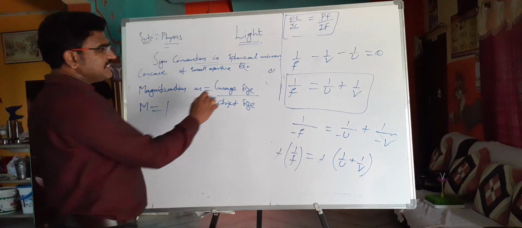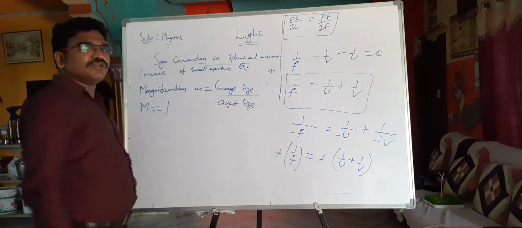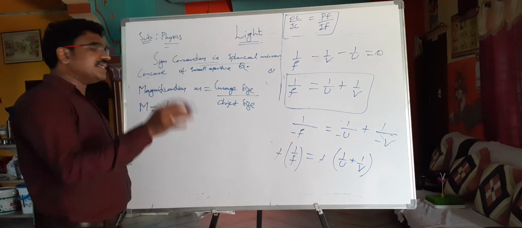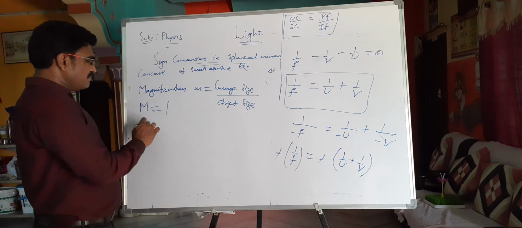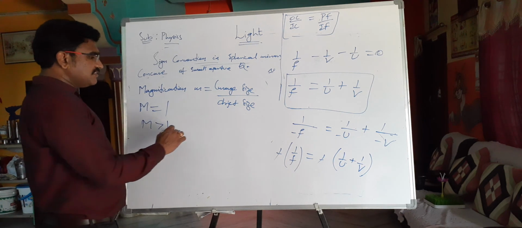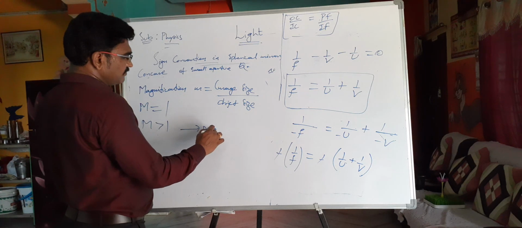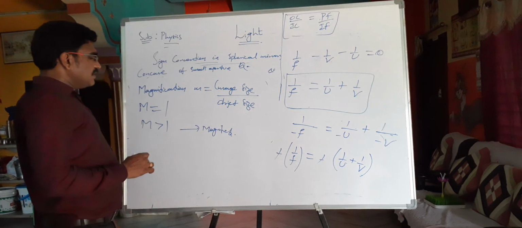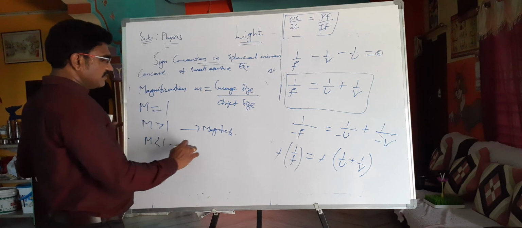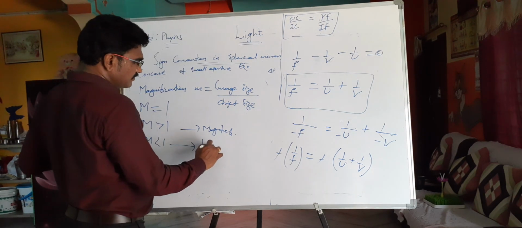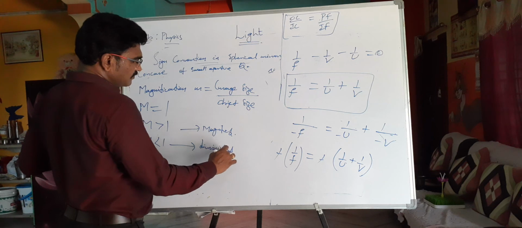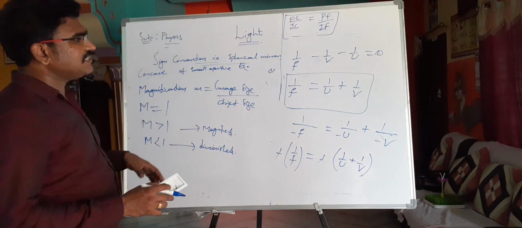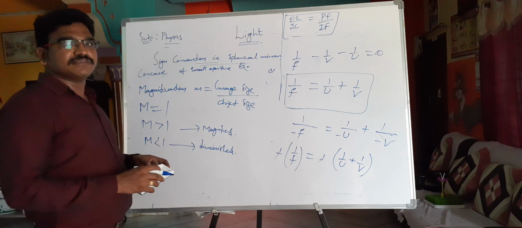But in most cases, image is in the numerator and object is in the denominator. If the numerator value is greater than the denominator value, it will be greater than 1. M is greater than 1 if it is magnified, and m is less than 1 if it is diminished. This is how we calculate image sizes and object sizes. Okay, thank you.